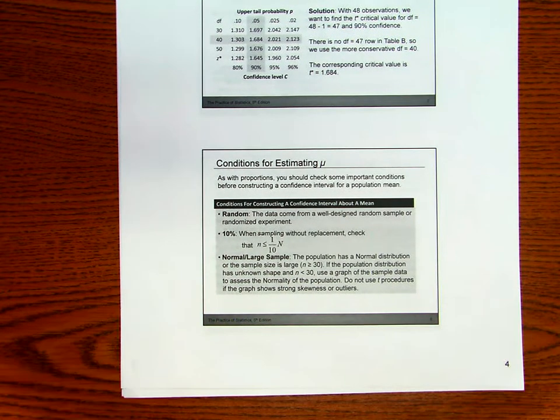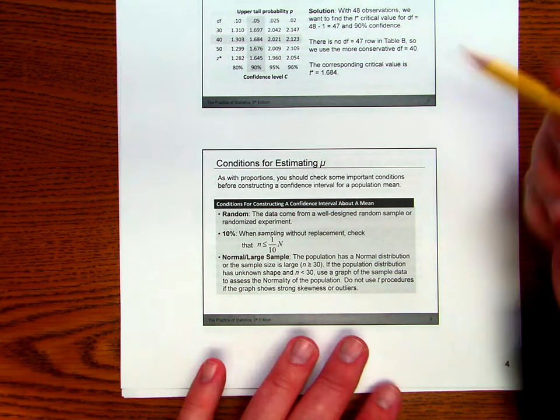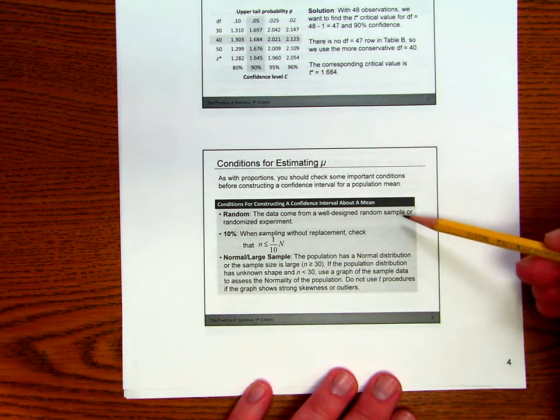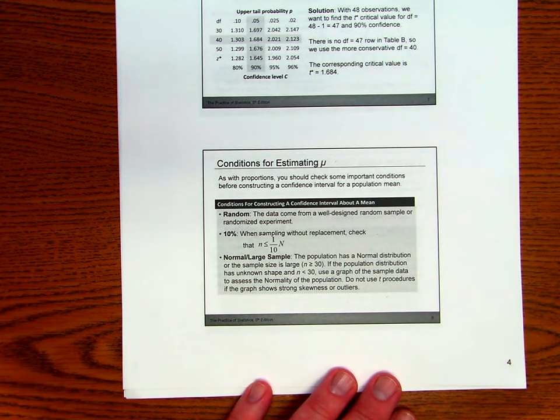All right, every inference procedure that we do, right now it's confidence intervals, soon it'll be significance testing, there are always conditions that are associated with that particular inference. So if we're doing a T interval, which means that we're estimating some population mean where we don't know the population standard deviation, these are the conditions we have to check.